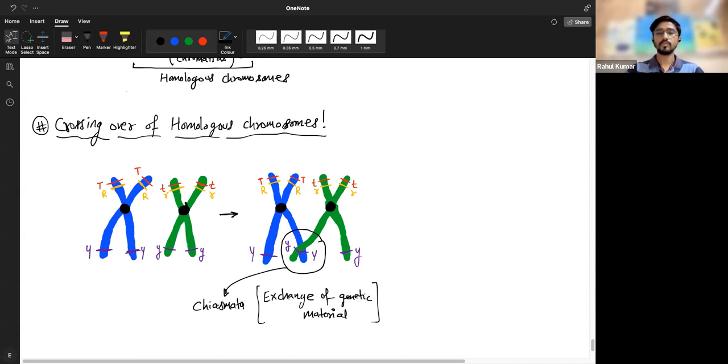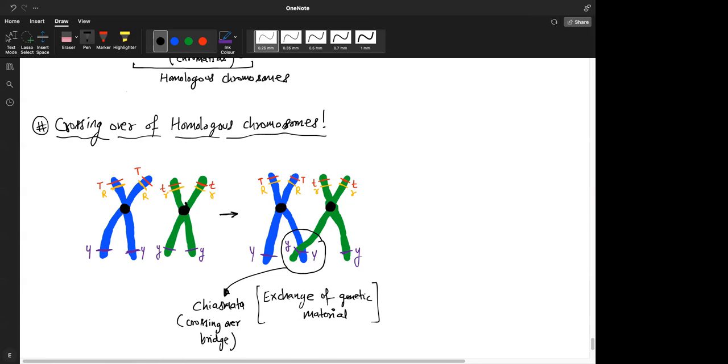This structure where two chromosomes are physically crossing over with each other is called chiasmata, a bridge-like formation. They both are crossing with each other. Yes. Chiasmata is clear? What is chiasmata?